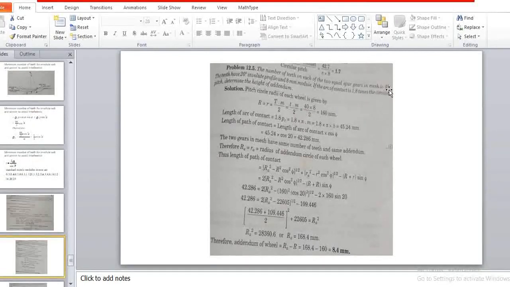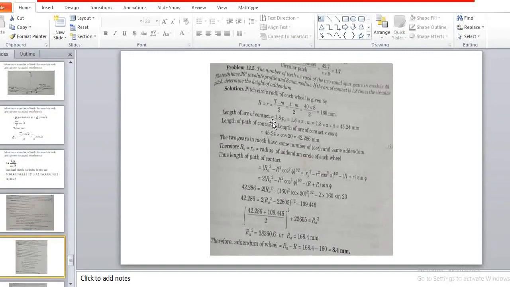It is written as 45, but it should be 40, as they consider 40 here. So put this number of teeth into the module: m is equal to 8 millimeter times 40 divided by 2, so it becomes 160 millimeter.